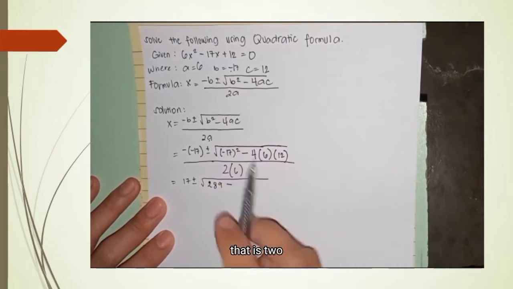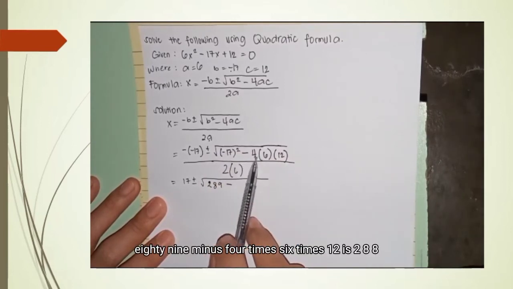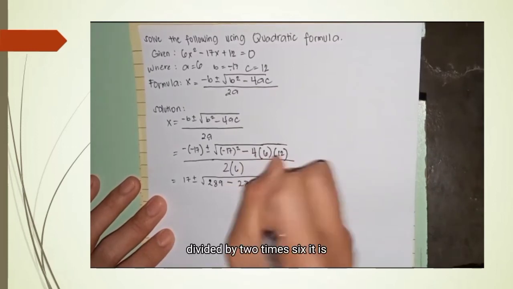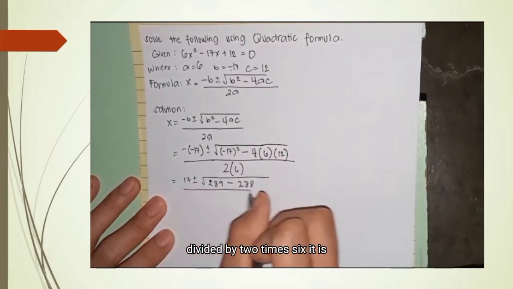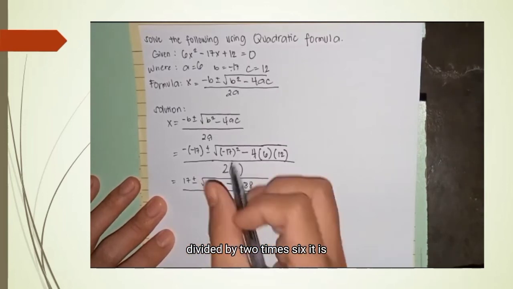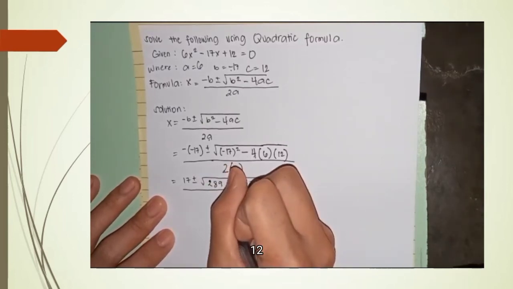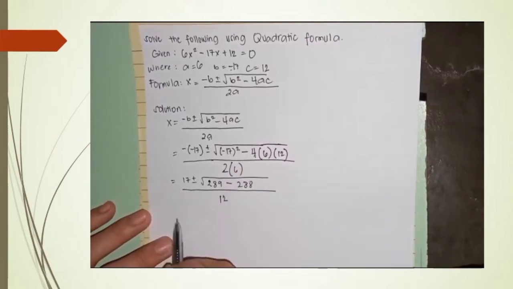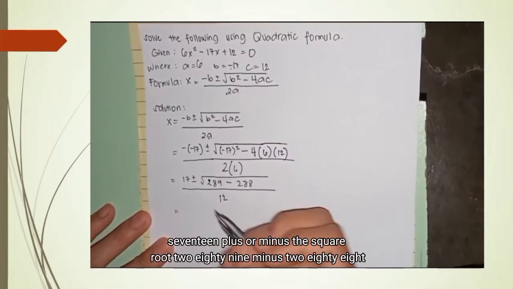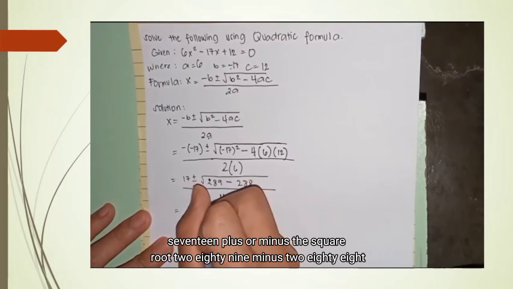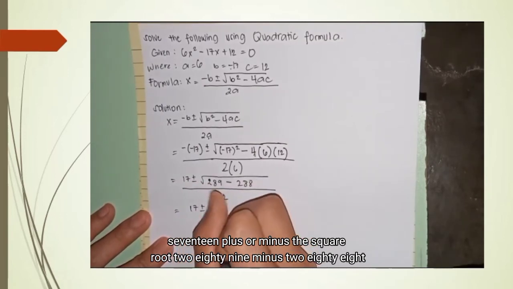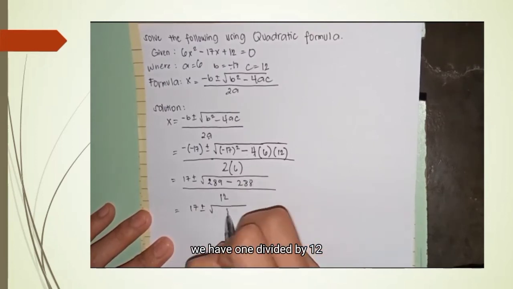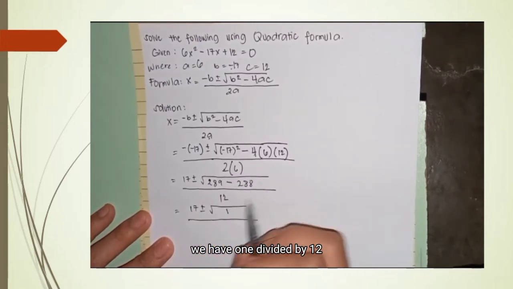That is 289, minus 4 times 6 times 12, which is 288, divided by 2 times 6, which is 12. 17 plus or minus the square root of 289 minus 288. We have 1, divided by 12.